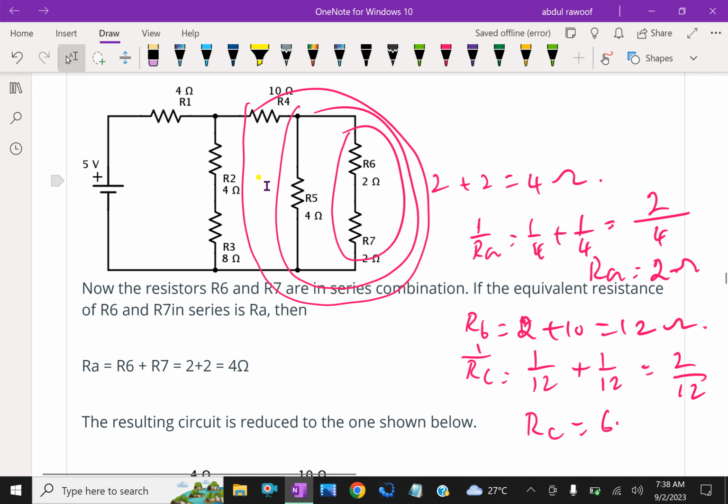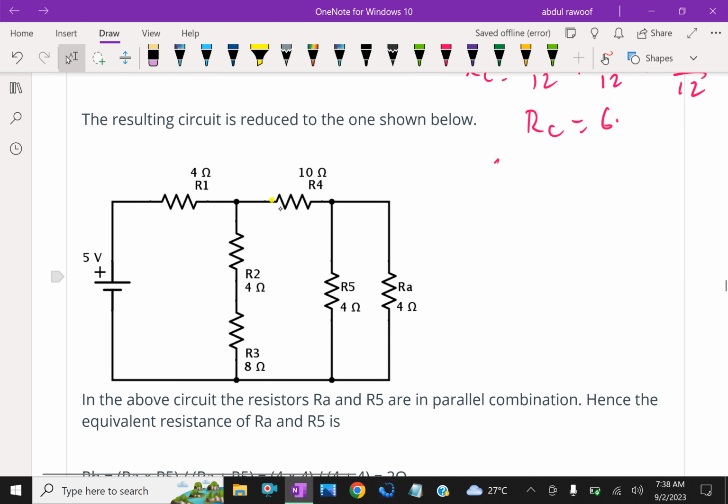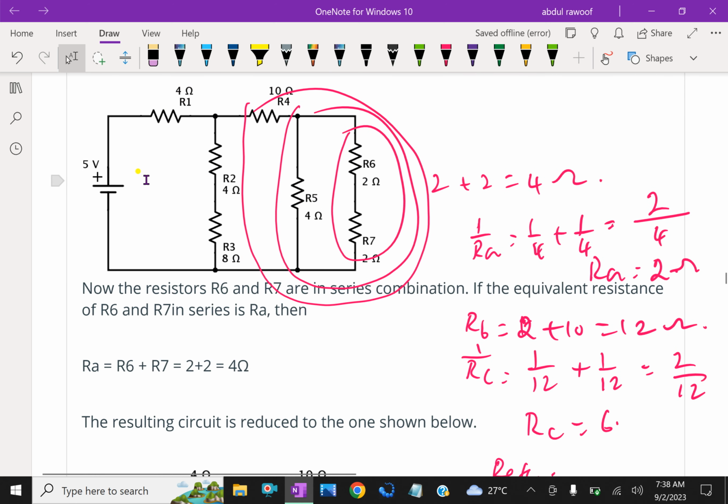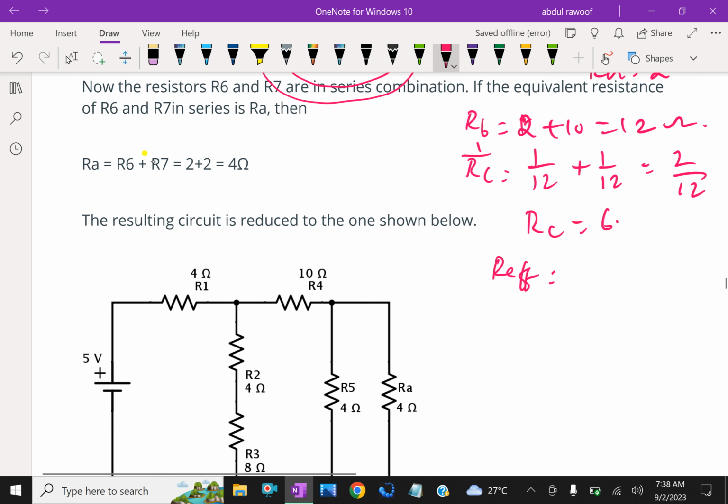Now R effective is in series with 4, that is 6 plus 4, 10 ohm.